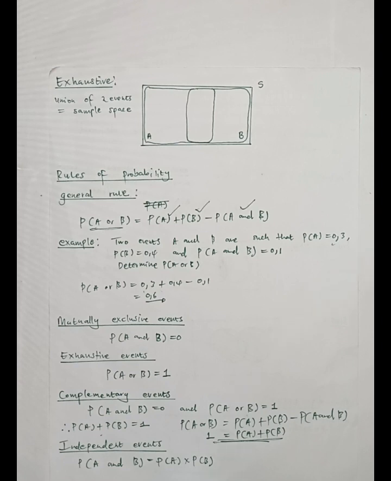So both sides must be 0.6 for them to be independent. But if, for example, here it's 0.6 and the result of P of A times P of B is maybe 0.4, then the events are not independent. They are dependent. That's what you should know.